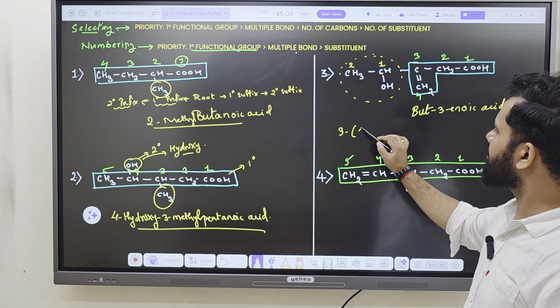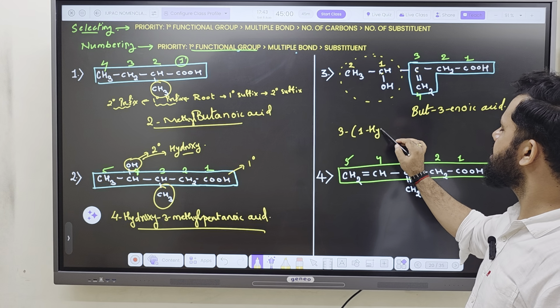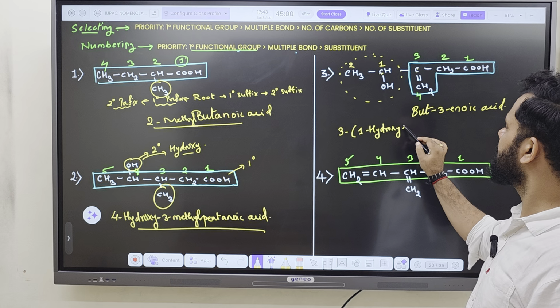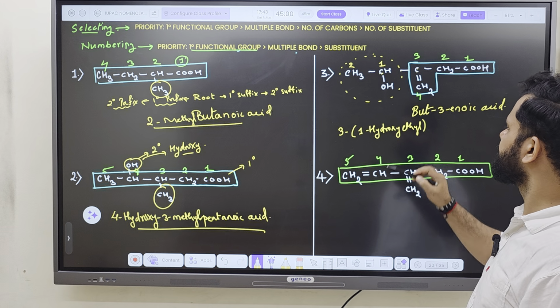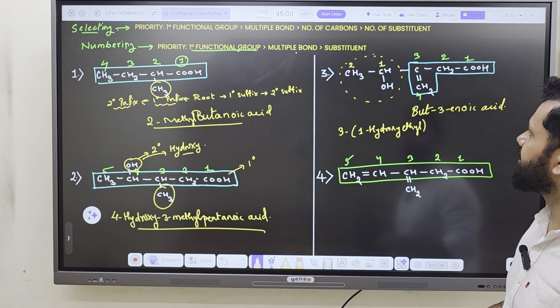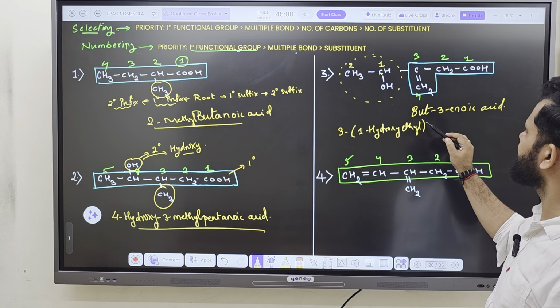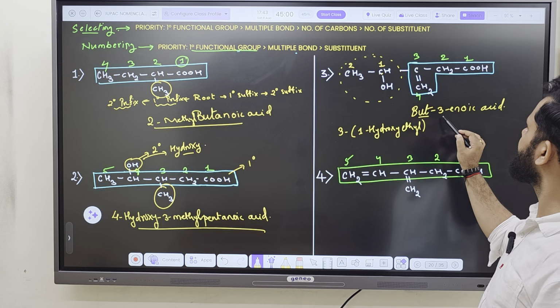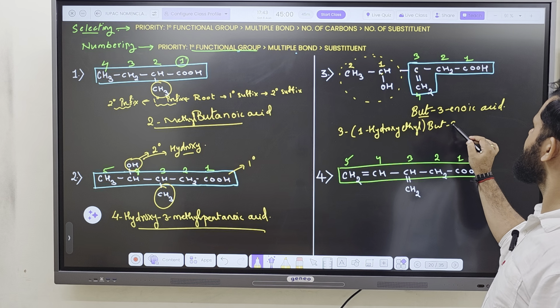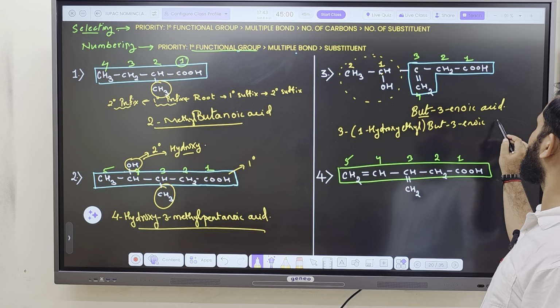So 1-hydroxy, this becomes 1-hydroxyethyl. The rest of the name is quite simple. We have already written it: 3-enoic acid.